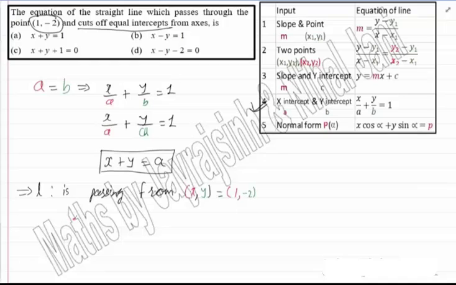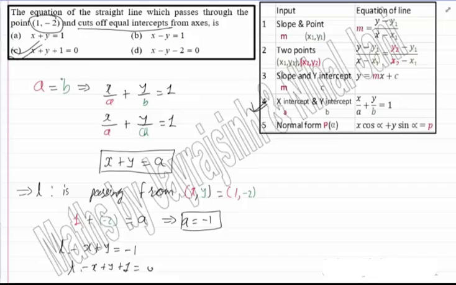So instead of x we put 1, and instead of y we put minus 2, is equal to a, so our a must be minus 1. Yay, we get our a. So our equation of line is x plus y is equal to minus 1. To get it in the form of the option, minus 1 should be taken on the left side. So x plus y plus 1 is equal to 0 is the required equation of line. Ta-da! Option C is your answer.